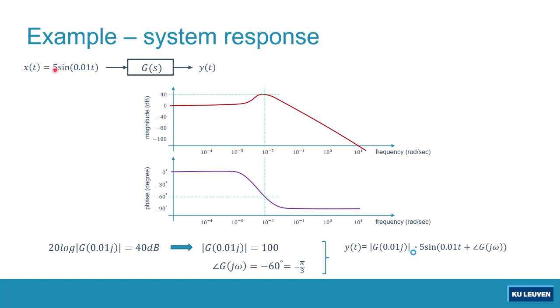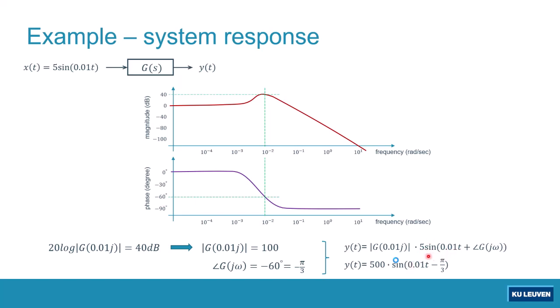Since the original amplitude is 5, the amplitude of the response at steady state will be equal to 5 times 100, while the phase, according to this phase plot, will be lagged by 60 degrees because we have negative 60 degrees here.